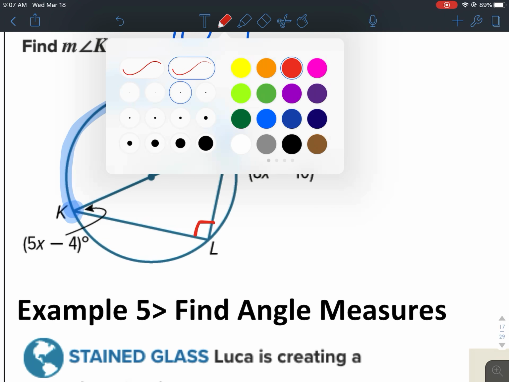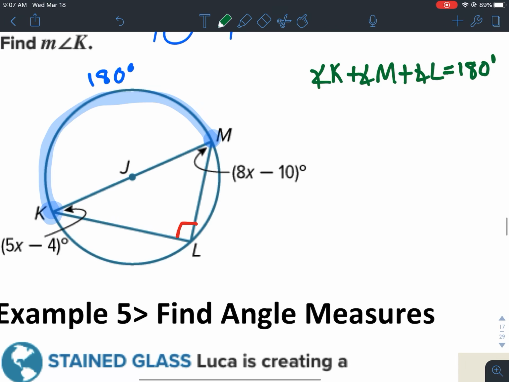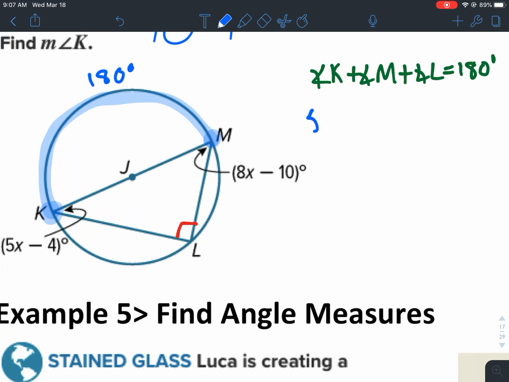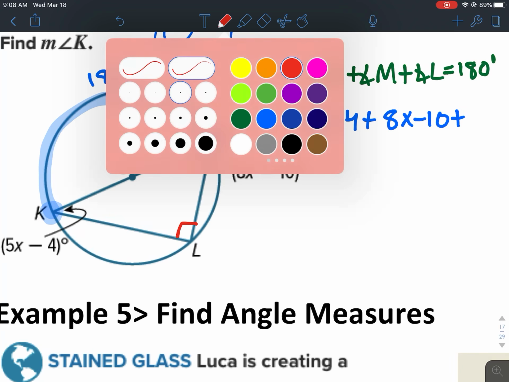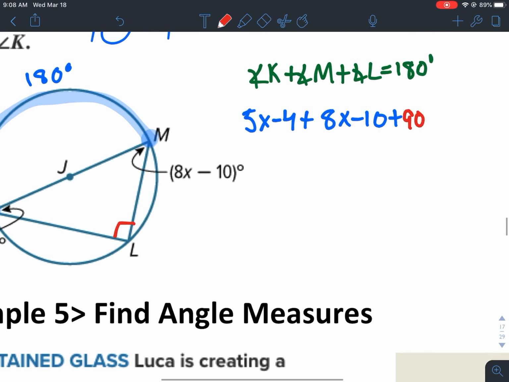We can say that angle K plus angle M plus angle L is going to be 180. Again, that's a right triangle that we have. So then we can substitute the information in. So for example, we can say that 5x minus 4 plus 8x minus 10 plus the 90 that we have is going to equal 180 degrees.